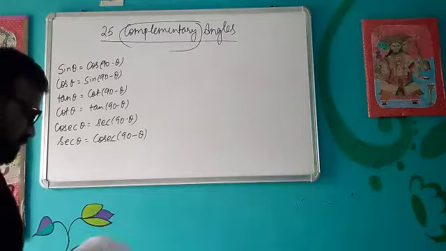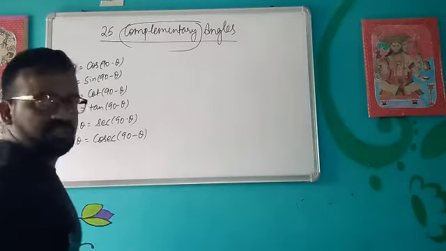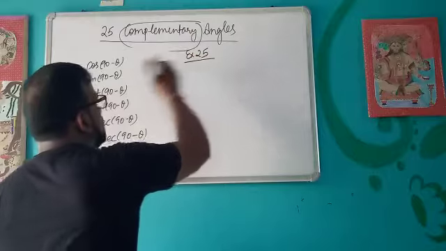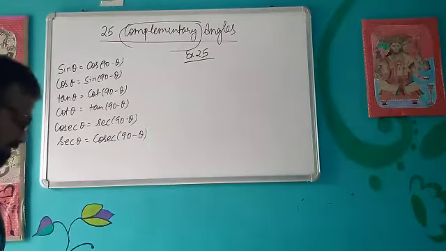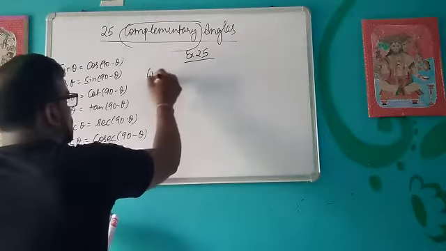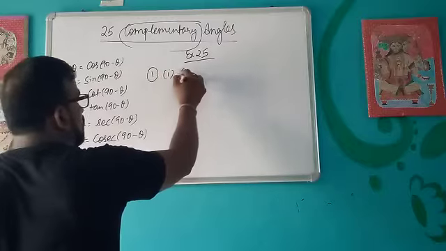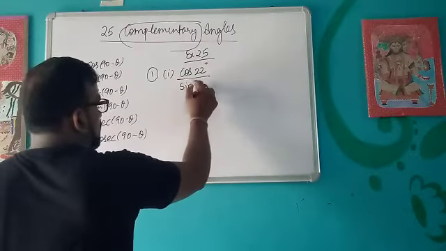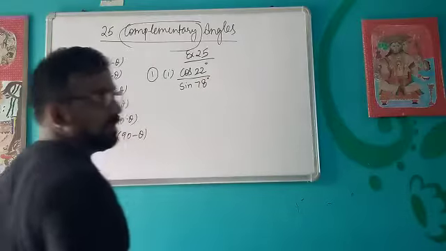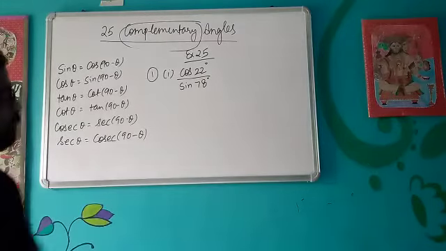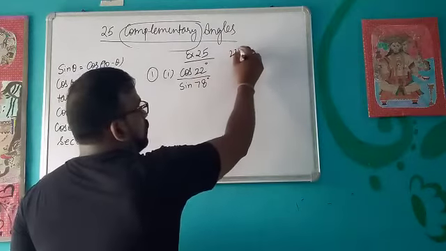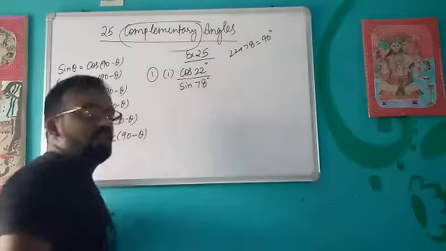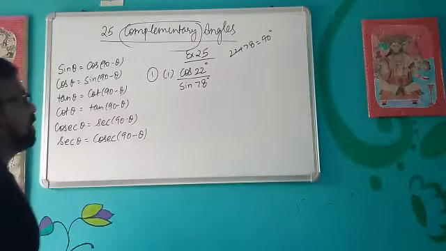Okay, so let's start with exercise 25, and remember these values in mind and we will evaluate. Very first question: suppose I have to evaluate cos 22 degrees upon sine 78 degrees. Now if you see, 22 plus 78 is equal to 90 degrees. That means these two form the complementary angle pair.